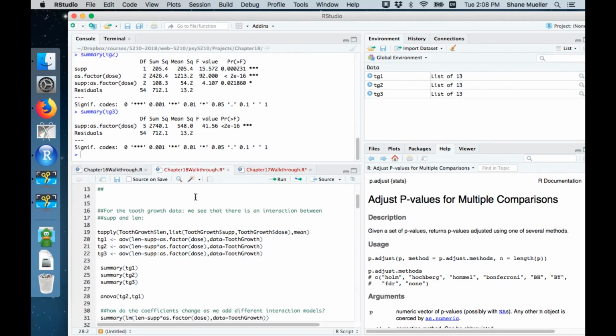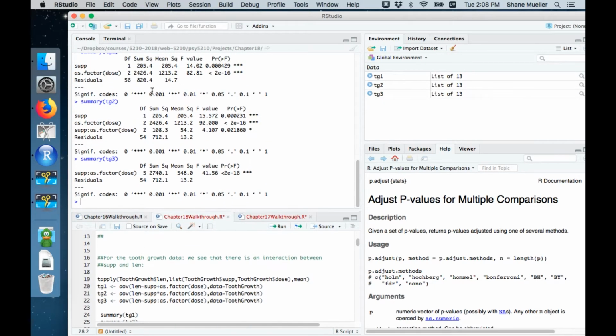If you compare that to TG3, all of these 3 effects are wrapped up into a single effect with 5 degrees of freedom. So what it's really doing is turning 2 main effects and an interaction into a 1-way ANOVA with 6 levels.